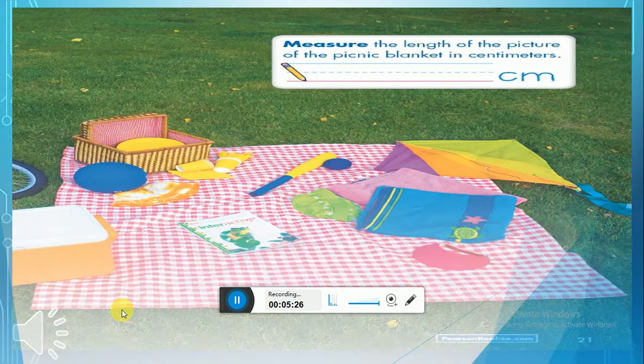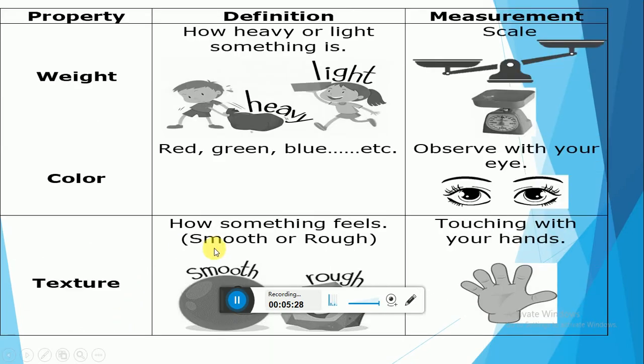If we look at the booklet, we can find property, weight: how heavy or light something is. We use a scale or a balance to measure weight.